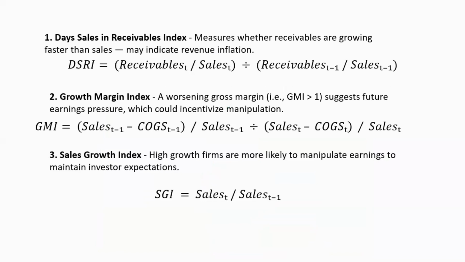Days sales in receivables index talks about revenue recognition, whether receivables are growing faster than sales. And we have formulas for each of the ratios which we should calculate. If you see T under the receivables, it is the current year of whatever year you are calculating.